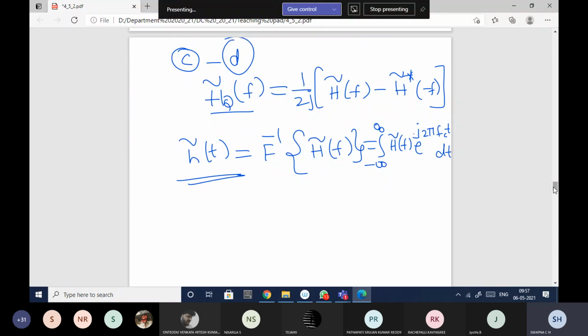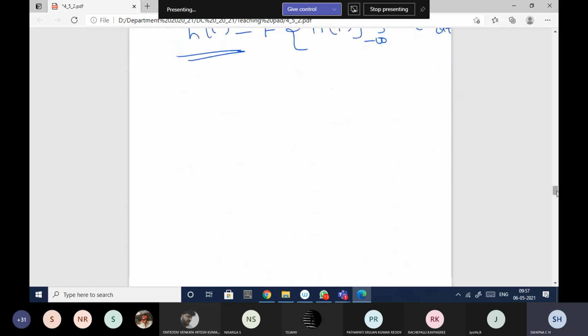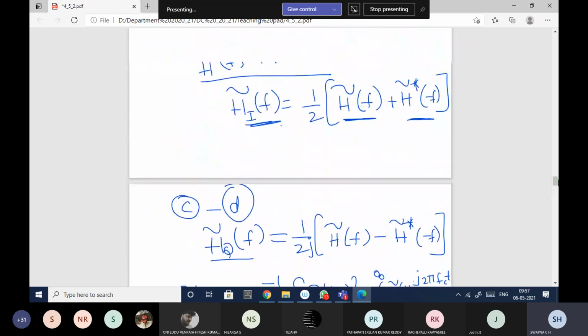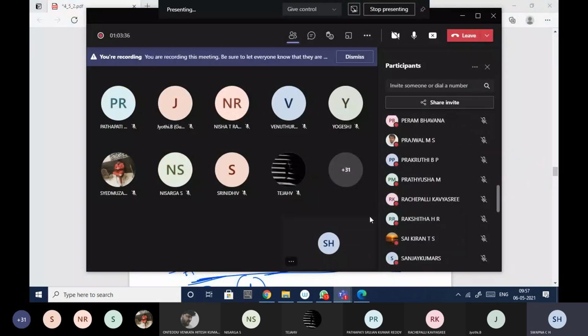I hope it is clear. Anyway, tomorrow I'll refresh again, because in some of the mathematical analysis I have confused you, as I didn't check this equation. So from here, I'll explain again tomorrow. Don't worry. Is it clear? How many of you understood? Let me know.